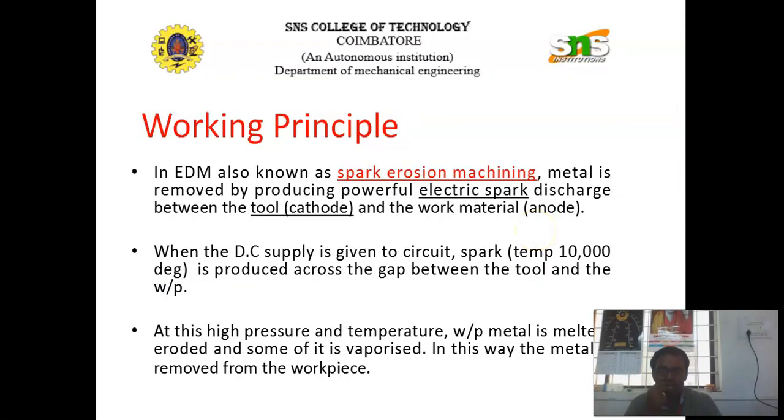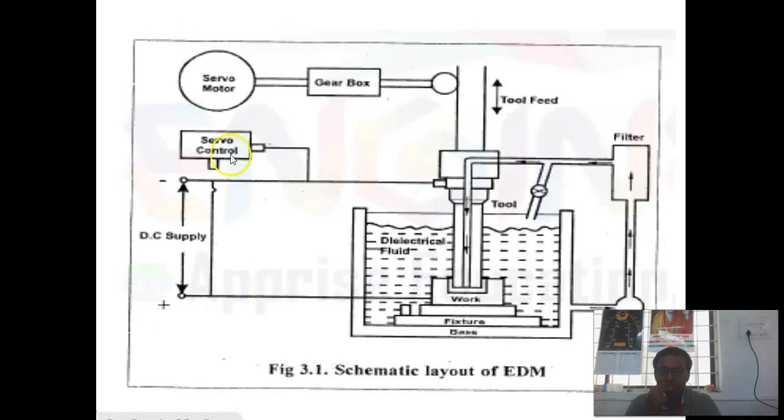Looking at the diagram, the cathode, minus, is connected to the tool, and the anode is connected to the positive terminal. The negative terminal is connected to the tool and the positive terminal is connected to the workpiece material, and it is immersed in the dielectric fluid.